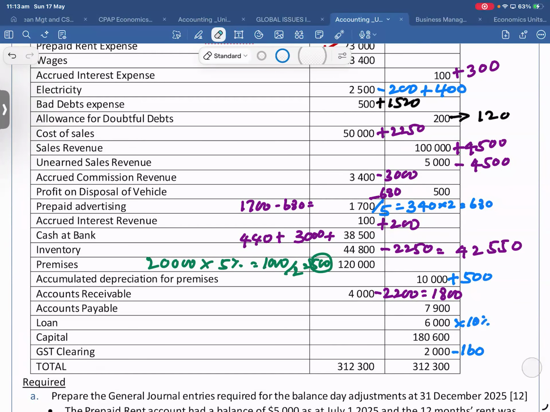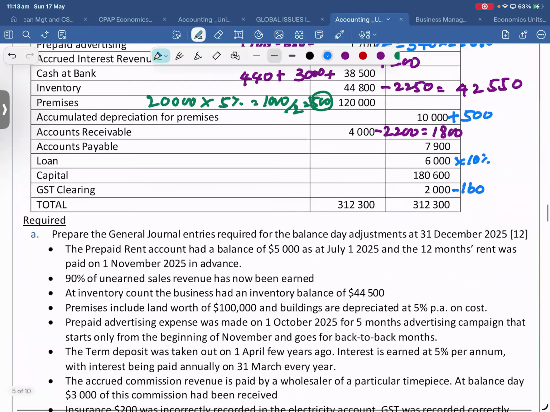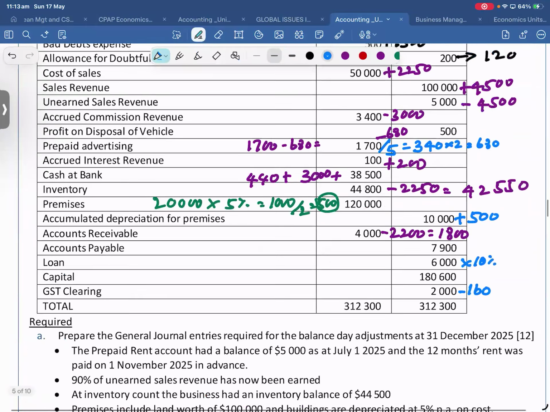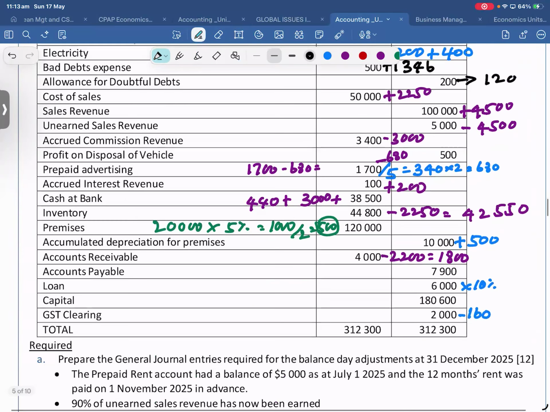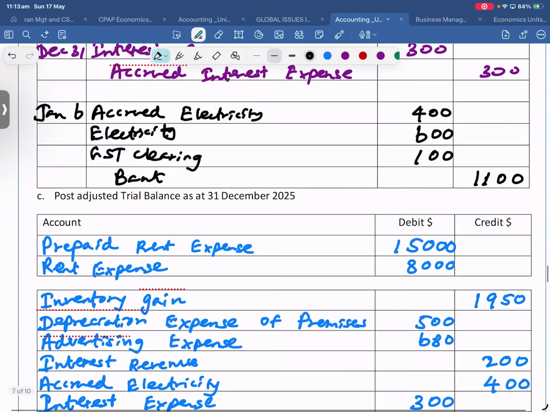Bank we updated. Yep, that's it. Oh no, bad debt expense we have to update as well. Bad debt expense, how much? Should be 1346, which becomes 1846. Yes. Bad debt expense.